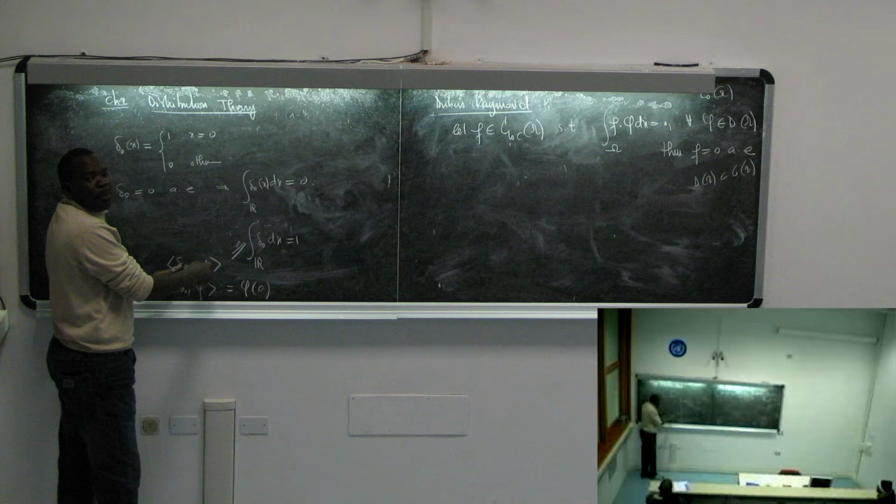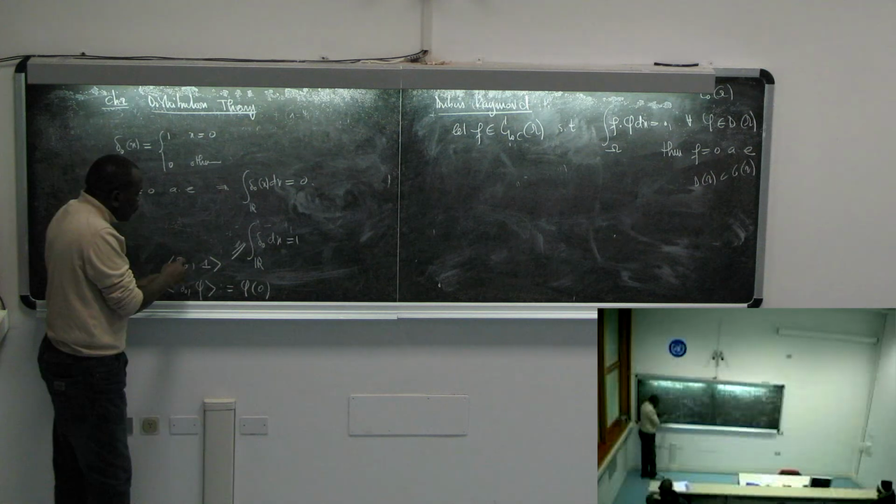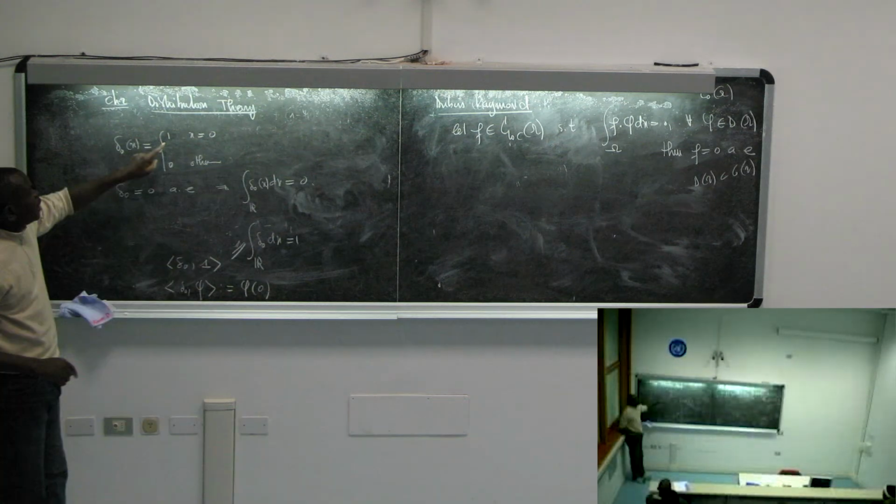And so, from there, we define more general functions. For example, this one is not a function, as you know. This is what we call the Dirac distribution. And from there, we try to give a generalization of this kind of function. And you will see, for example, that even if you want to compute the derivative of this function, you will have a problem, because this function is 1 and 0 otherwise.